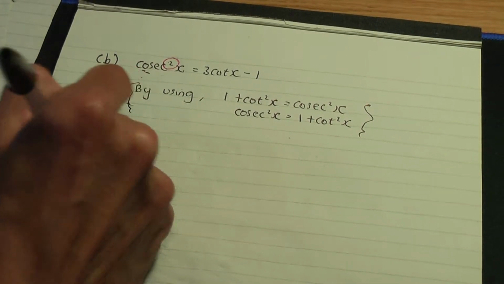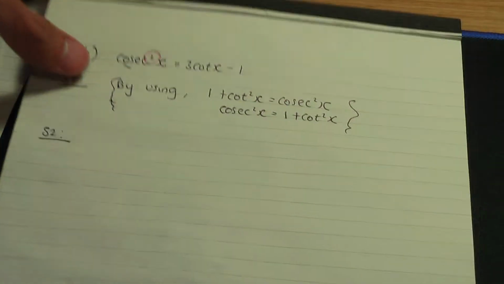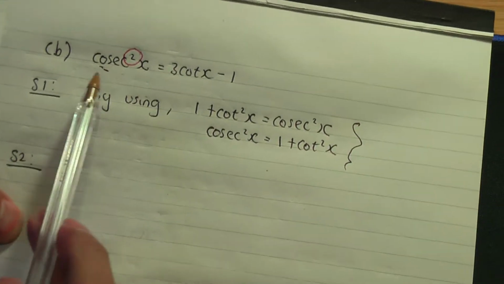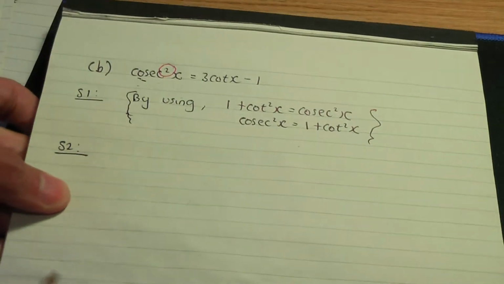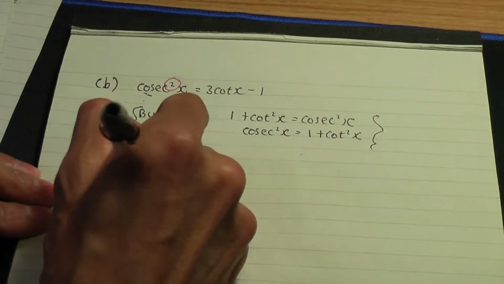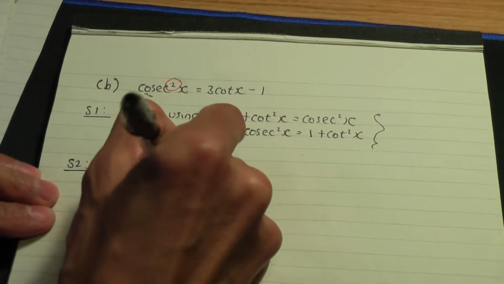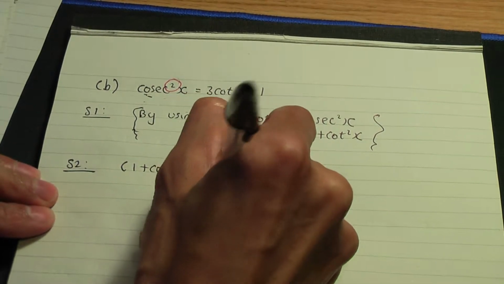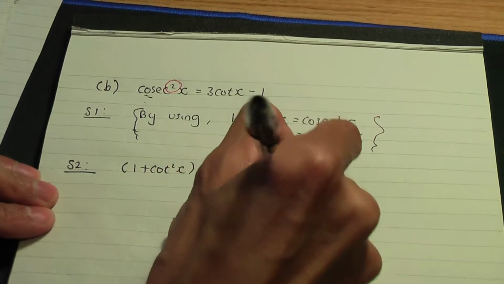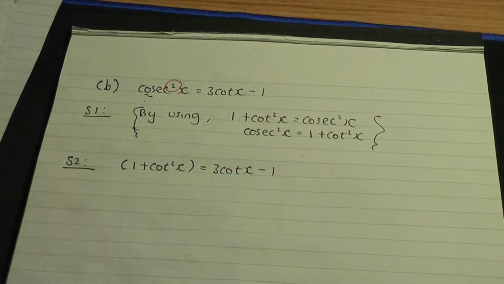In step 2, as before, I'm going to replace cosec squared by 1 plus cot squared. So 1 plus cot squared x is equal to 3 cot x minus 1 on the right.